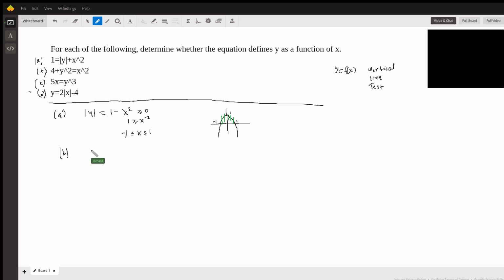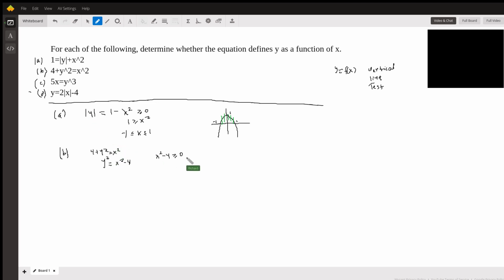Okay, so 4 plus y squared equals x squared. So we'll write this as y squared is equal to x squared minus 4. Once again, we have to have a restriction here because x squared minus 4 has to be positive, because y squared itself has to be positive.